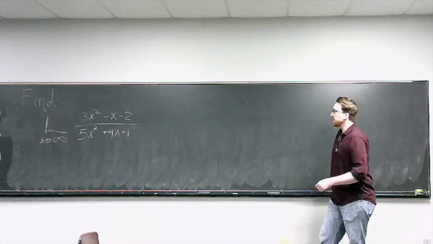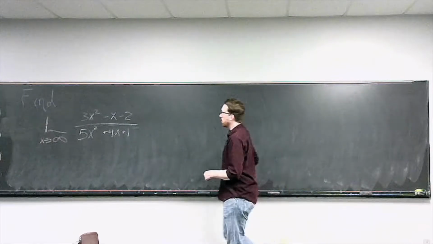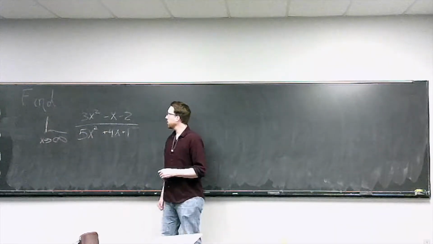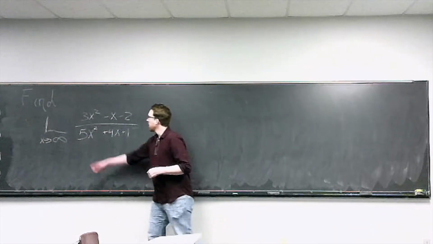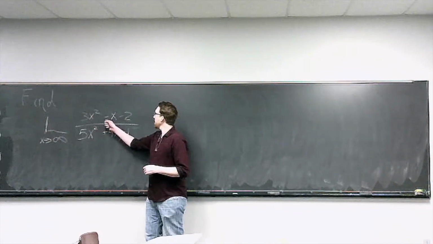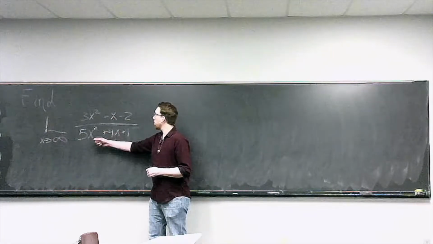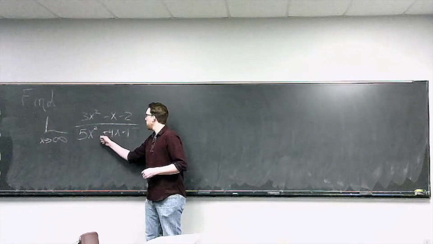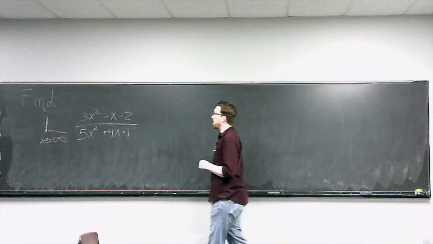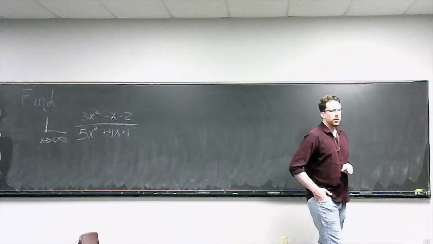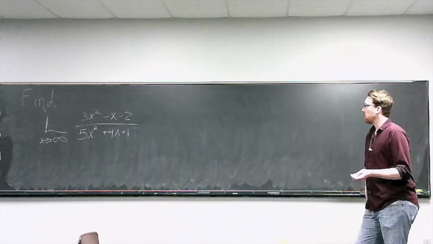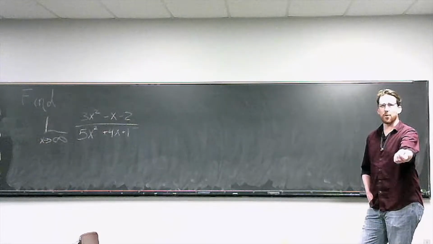All right, so for this next example, we want to find the limit as x approaches infinity of 3x squared minus x minus 2, that quantity divided by the quantity 5x squared plus 4x plus 1. Well, both of those are polynomials.